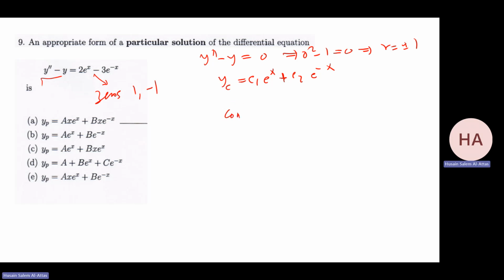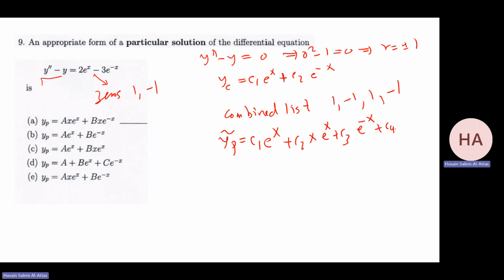So the combined list is 1, minus 1, 1, minus 1. So for yp, I cancel yc, which is this and this. So yp will be a x e to the x, which is this one.